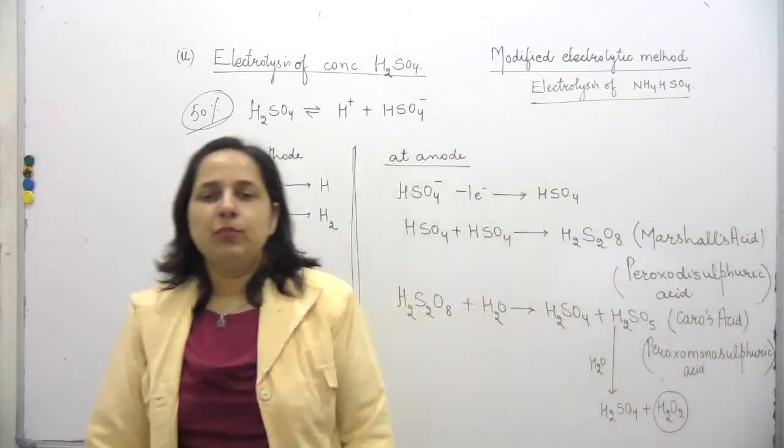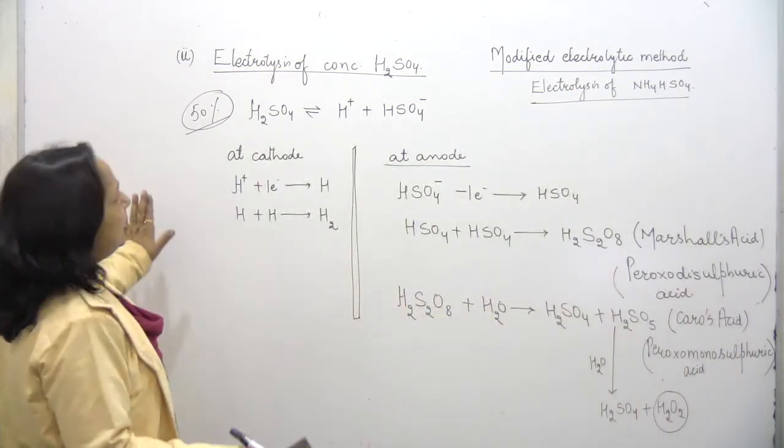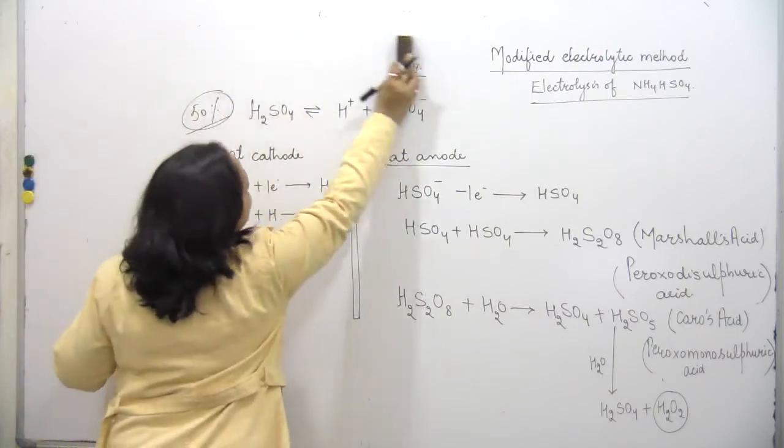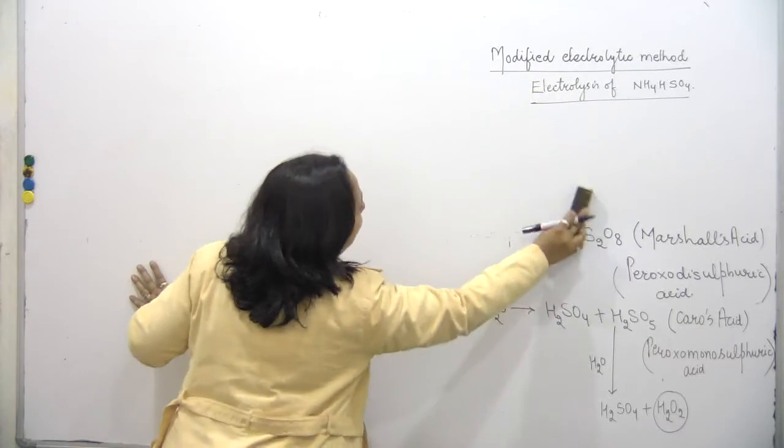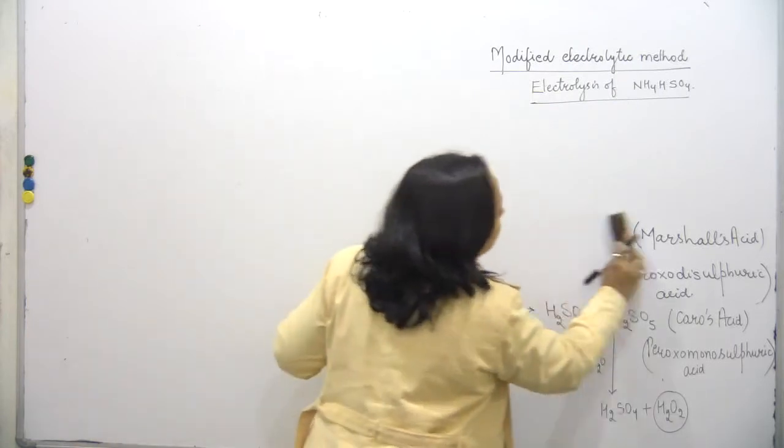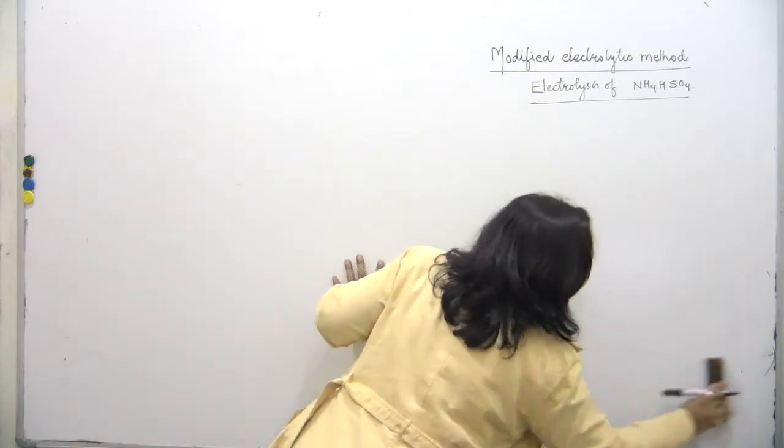So now we'll start with the modified method. Concentrated sulfuric acid electrolysis you have done. Now we have a modification in this method, and that modification is electrolysis of ammonium hydrogen sulfate.